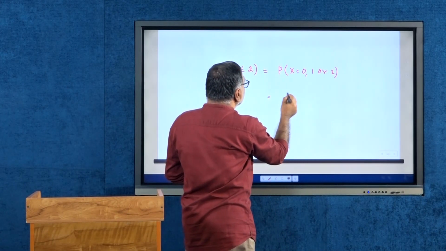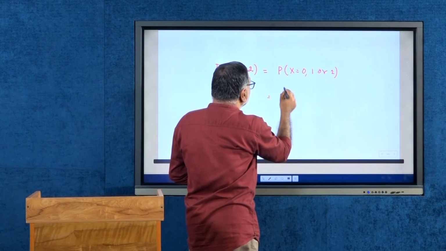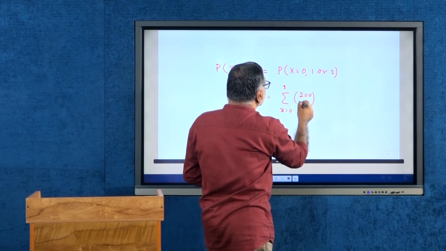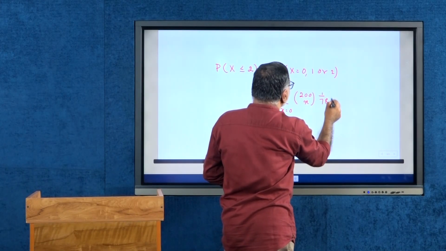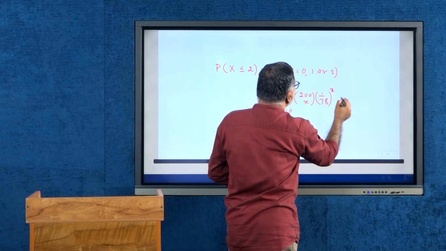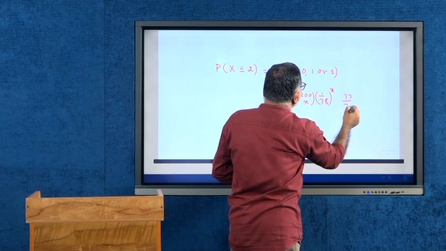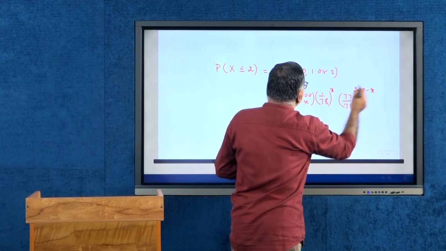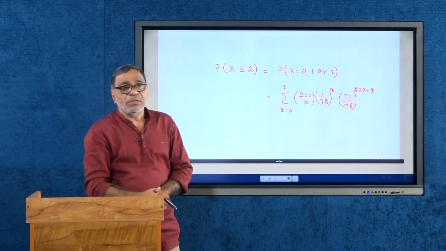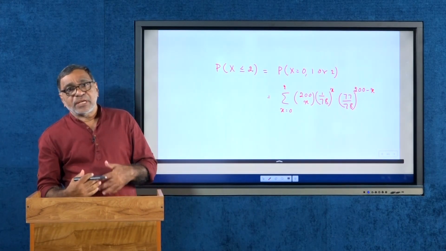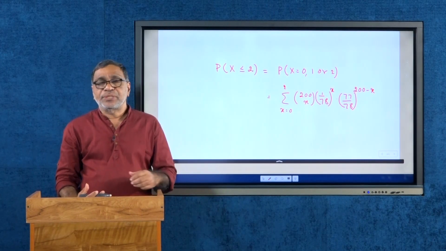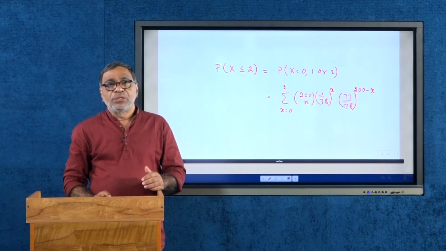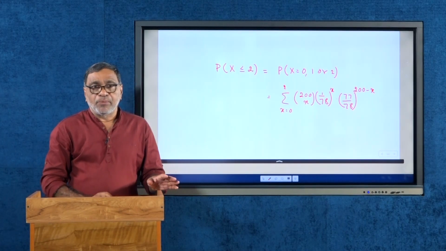That is sigma from x is equal to 0 to 2 of nCx, that is 200 Cx, 1 divided by 78 power x, 77 divided by 78 power 200 minus x. Simplifying this expression, you will get the probability. Since n is large, we can approximate this case by a Poisson distribution, but when we are applying the binomial distribution, this is the way we calculate the probability.